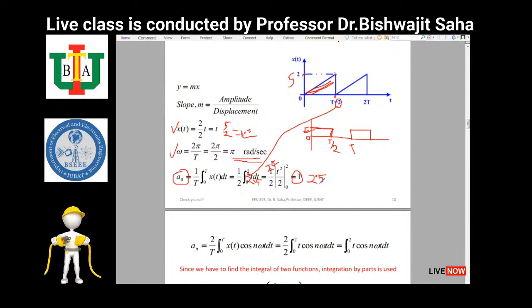Sir, DC value will always be half of the given signal, right? Yes, that's the point that I want you to understand, that the DC value of the given sawtooth wave will be half of the amplitude.